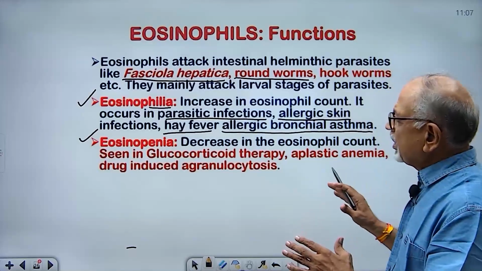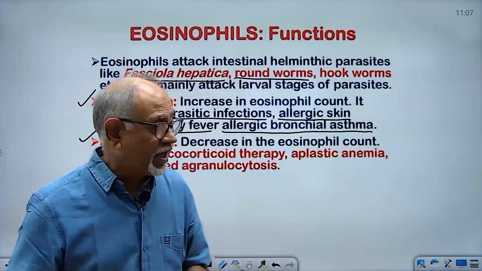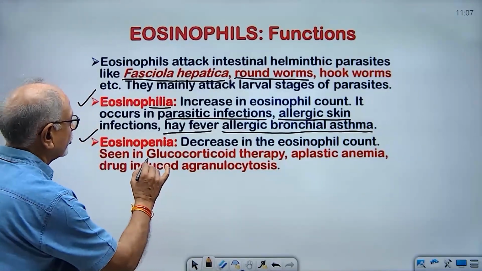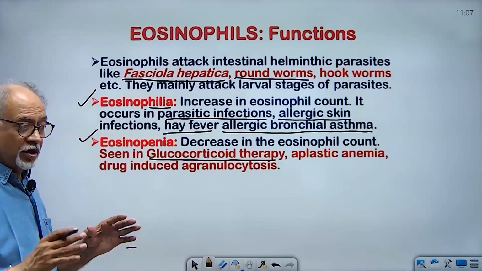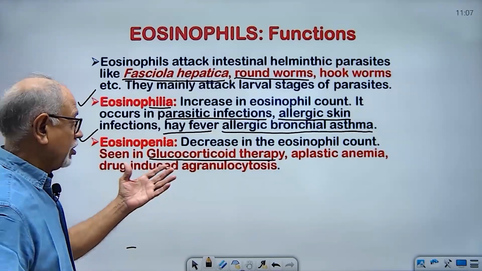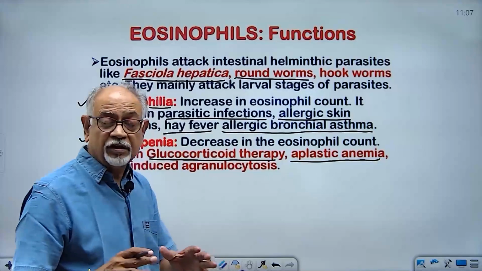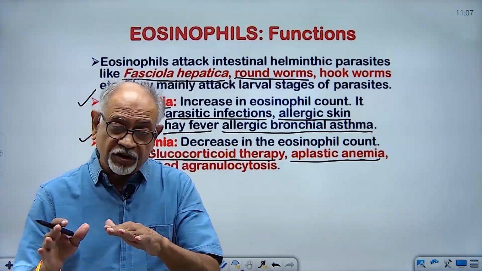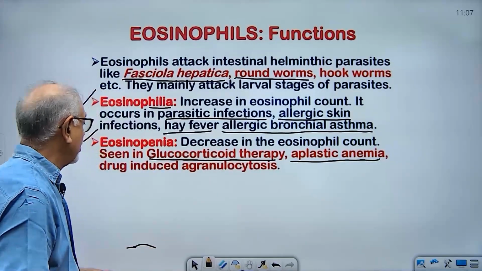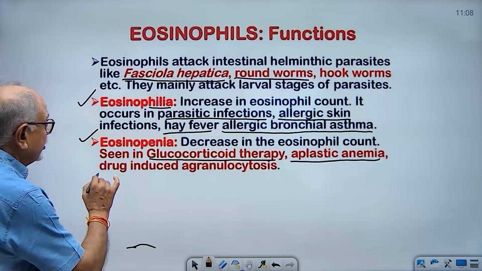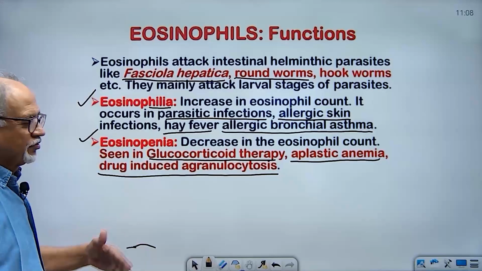It is seen in certain conditions like glucocorticoid therapy, when glucocorticoid hormones are given for the treatment of certain diseases, or in case of aplastic anemia, that means when the bone marrow does not work properly to produce blood cells, that is called aplastic anemia, and it is in case of drug induced agranulocytosis.